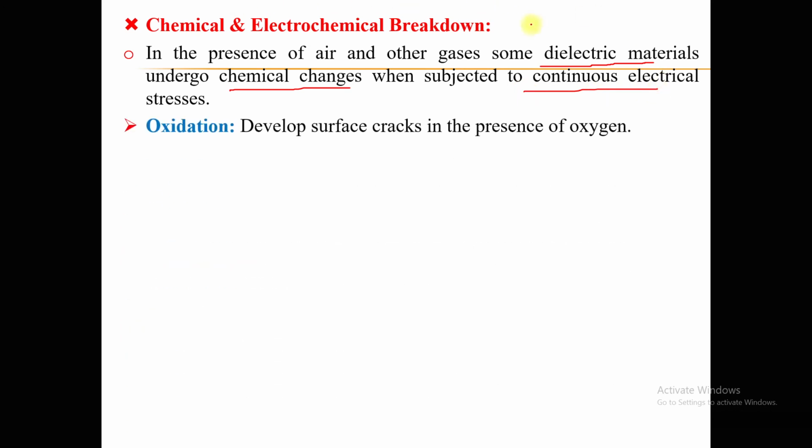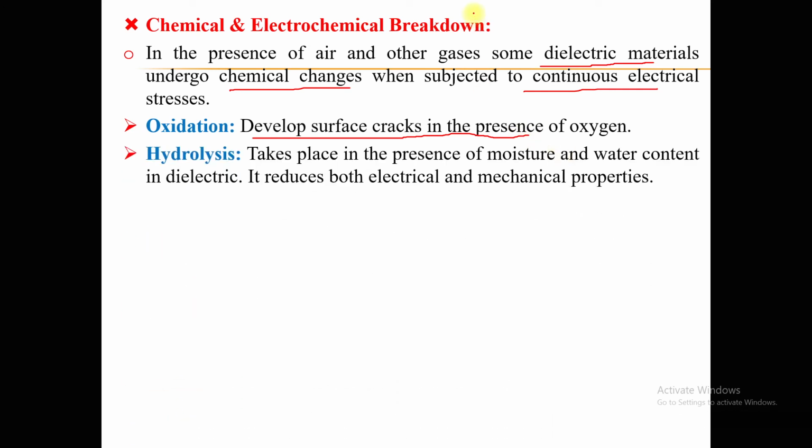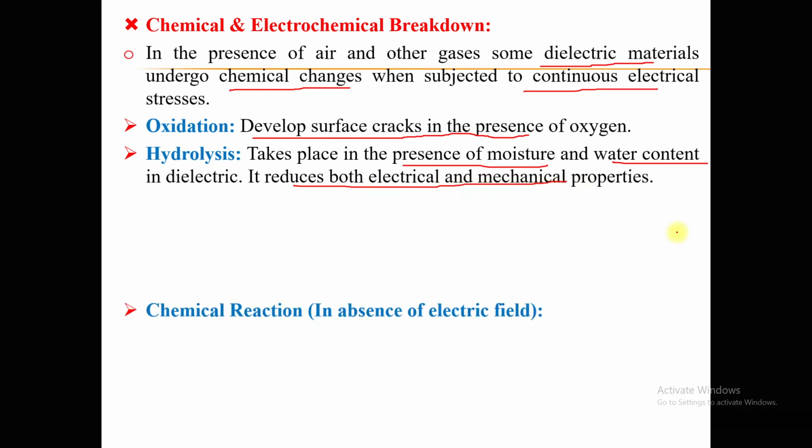One process we could observe is oxidation, which will develop surface cracks in the presence of oxygen. Second is the hydrolysis process, which takes place in the presence of moisture and water content in the dielectric, and it reduces both the electrical and mechanical properties.